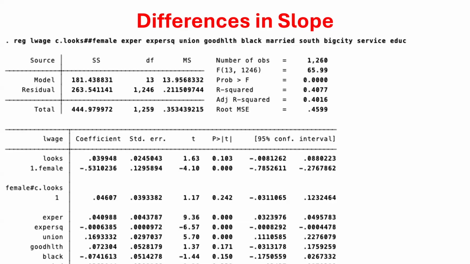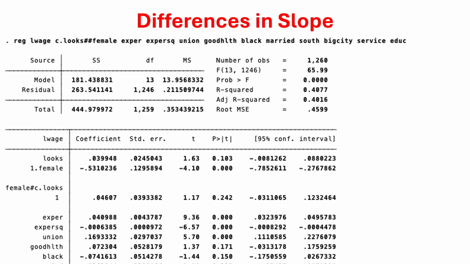If I don't worry about the groups yet, the marginal effect is essentially the change in wages, my y variable, divided by a change in the x variable I'm looking at, or a derivative. If I take a derivative of this equation with respect to looks, I get our estimate on beta 1, plus our estimate for beta 3 times female.